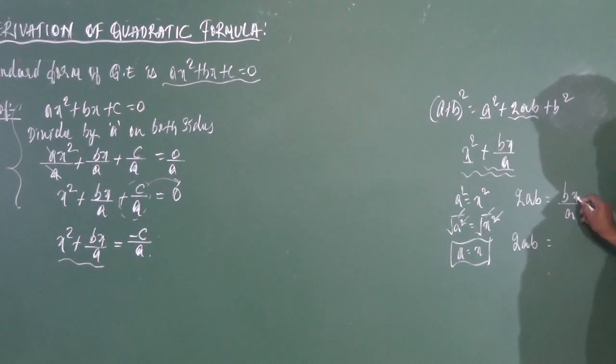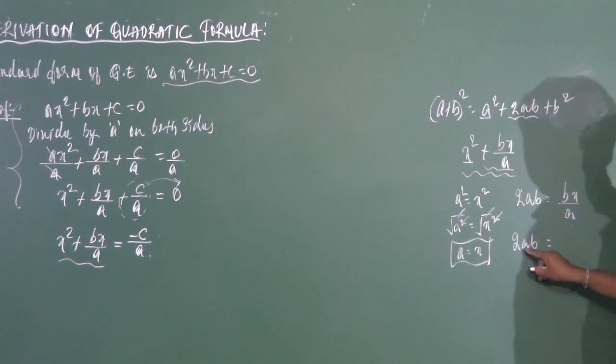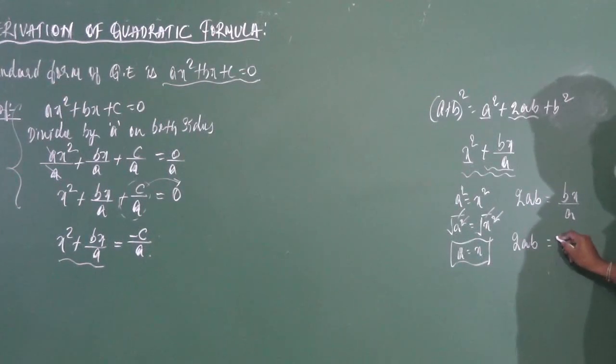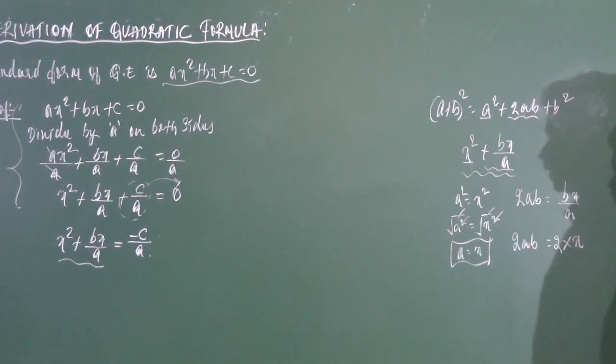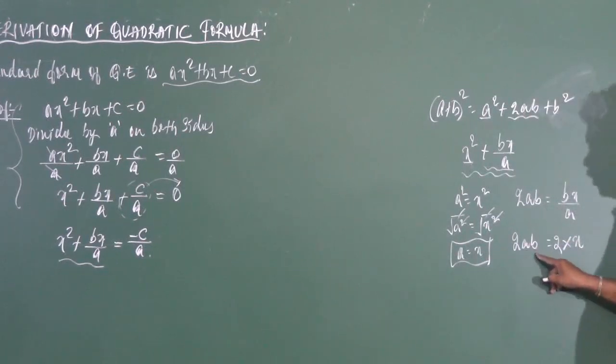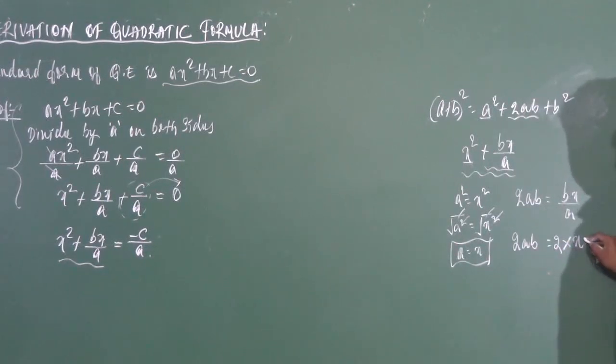I am going to write a is equal to x, so instead of a I have written x. I will write 2 here because it should be in the form of 2ab: 2 into x into, I should get a b value such that when you simplify this, you should get bx by a.